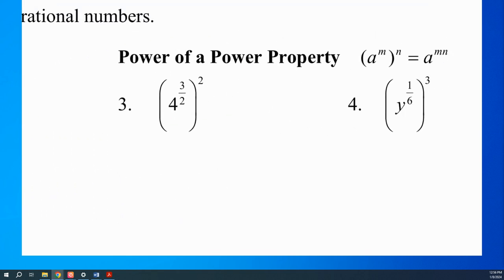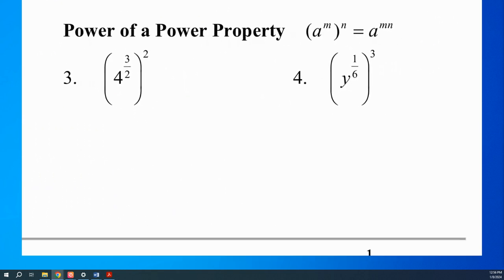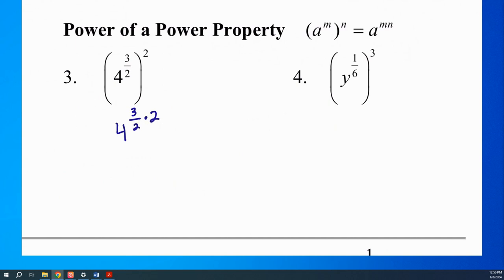Okay. So for the next one, we have the power of a power property. So that's saying when we raise a power to a power, we can multiply those two together. So like for this first one, we would say 4 to the 3/2, and we would multiply it by 2, right? So what happens when I do 3/2 times 2?